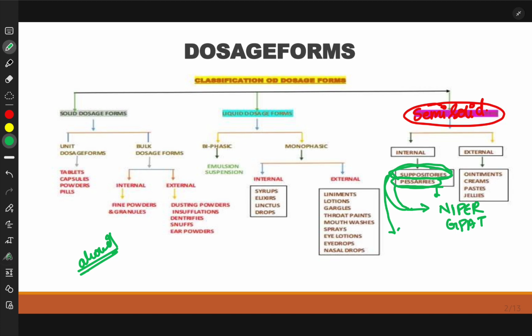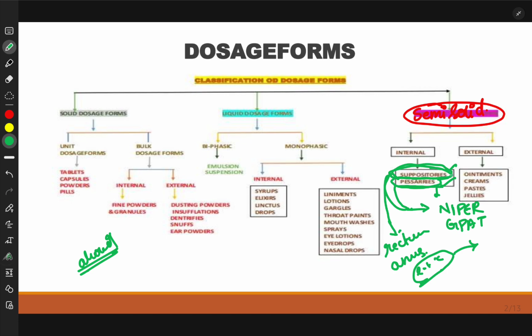Suppositories are inserted into body cavities like the rectum, anus, etc. In this etc. there are some other cavities also, but I will explain each and every concept clearly in further lectures.